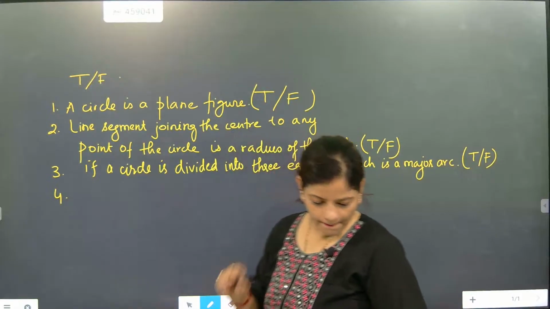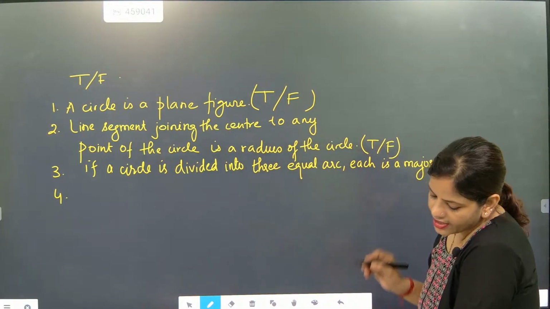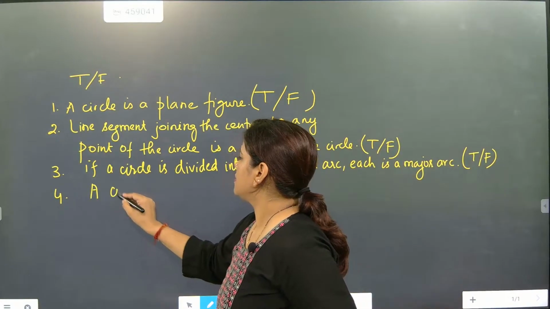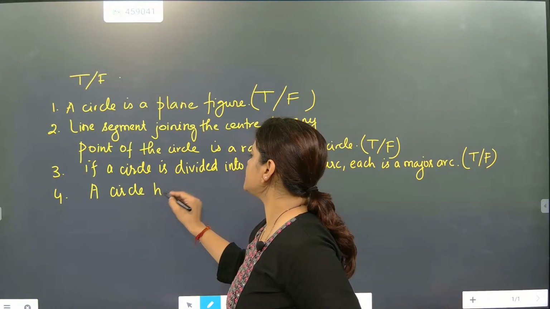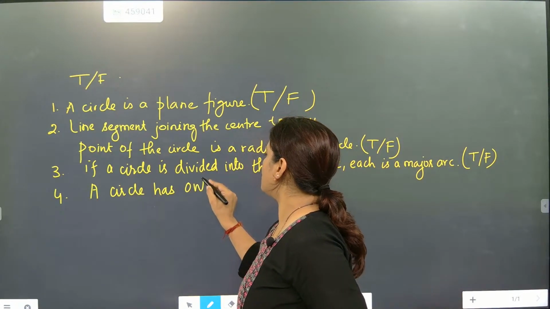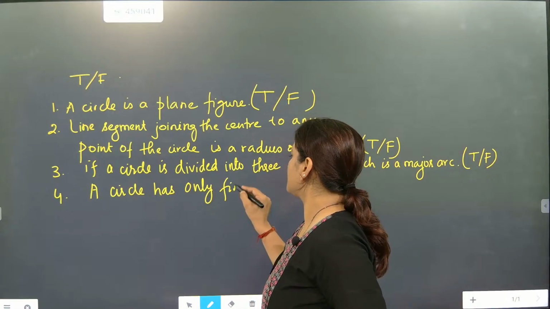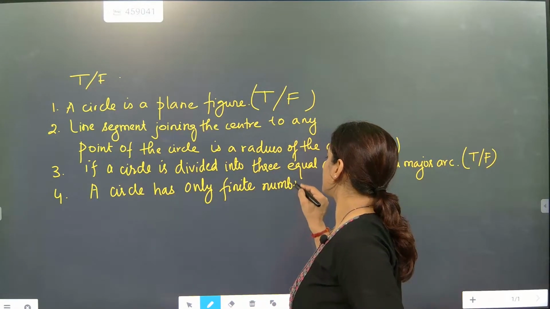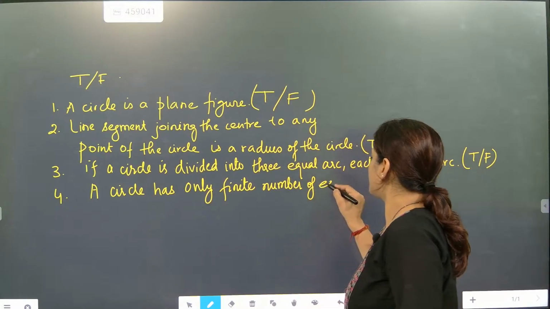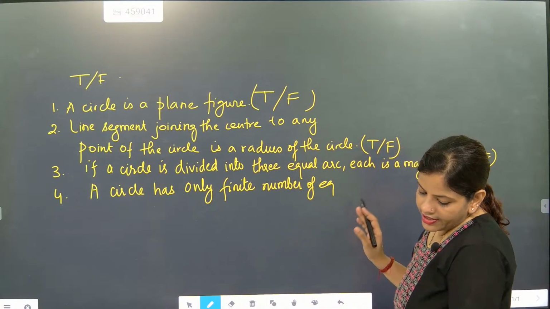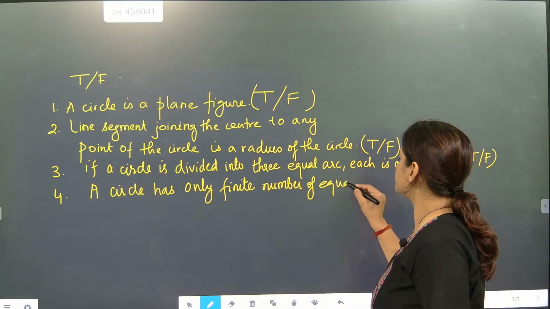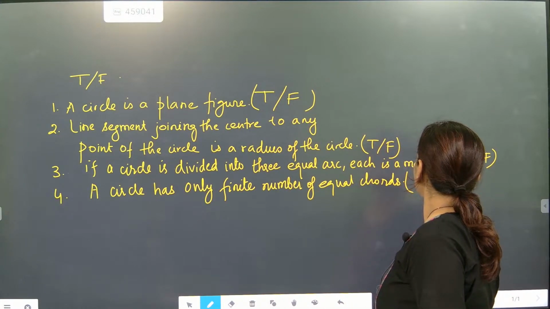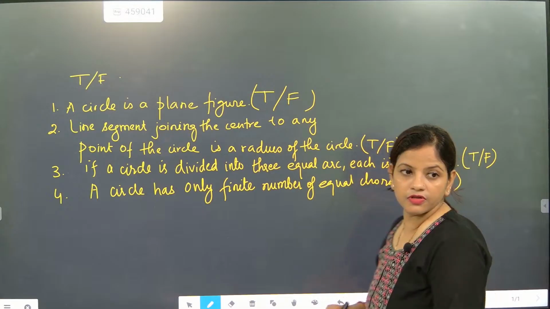Fourth question. A circle has only finite number of equal chords. True or false?